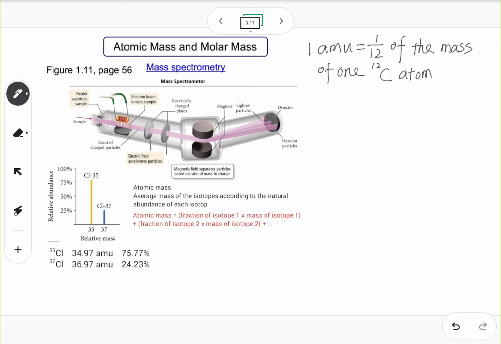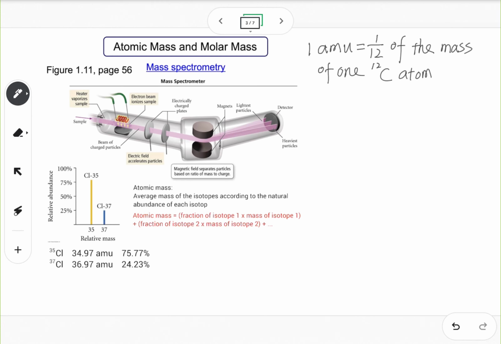If you do the calculation, you will see that 1 AMU is a very small number. But again, the actual value of 1 AMU is not our concern. We'll talk about the AMU again once we talk about the molar mass. But here, we just need to know that 1 AMU is 1/12 of the mass of one carbon 12 atom.